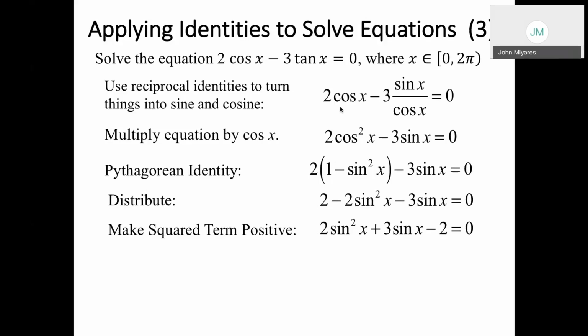Now that it's in this form, let's try to factor this like a quadratic and set each piece equal to 0. Now, if you don't see the factoring strategy here, you may want to do a substitution like we did in an earlier example to make this look like 2y squared plus 3y minus 2 equals 0.